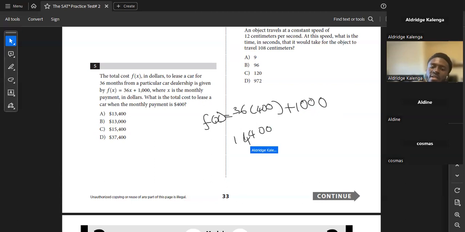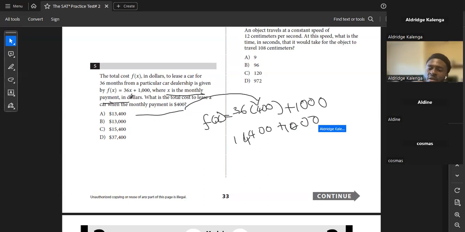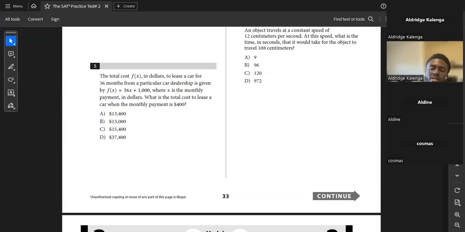We know that x is the monthly payment, and we've been told that the monthly payment, which is x, is 400. So we put 400 in for x and multiply 36 by 400, and we find that it's 14,400. When you add 1,000, you have 15,400. And our answer is indeed C.